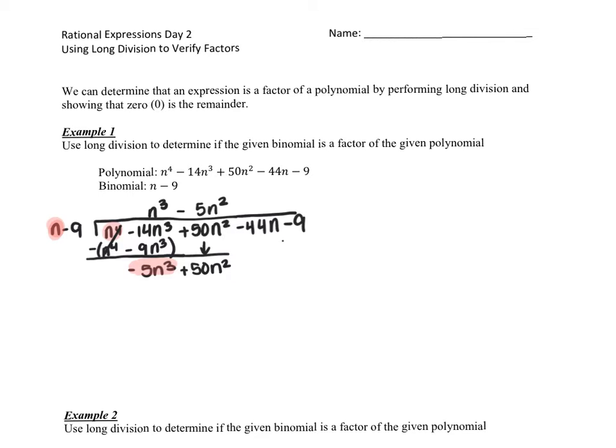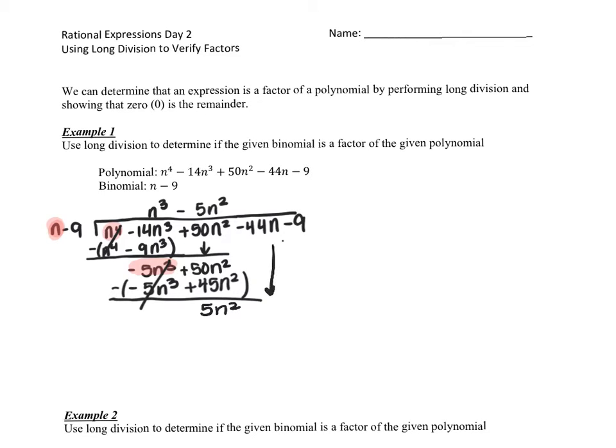Negative 5n squared times n is negative 5n to the third. Then negative 5n squared times a negative 9: negative times a negative is a positive, so positive 45n squared. And we're going to subtract. Now be careful. We have 50 minus 45. That's a positive 5n squared.